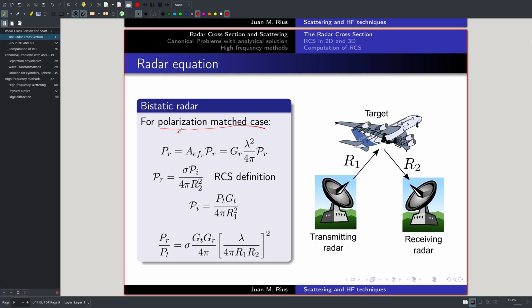And in this case, we know that at the receiving antenna, the total received power is equal to the effective area of the receiving antenna times the received power density.